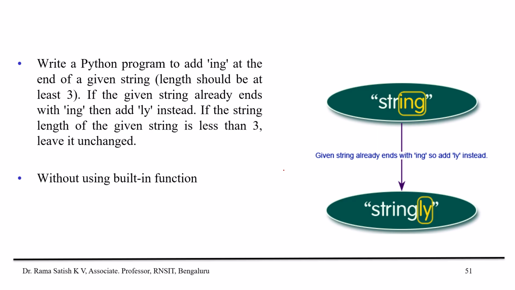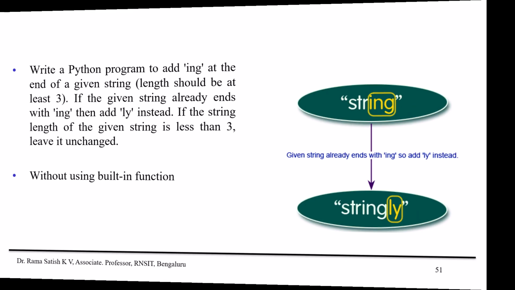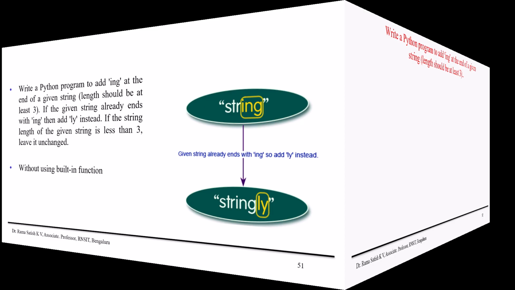If the string already ends with ing, then it has to add ly. So you have to read a string, and add ing to the string if the length is more than 3. If it is less than 3, you have to leave it as it is. There is no change.